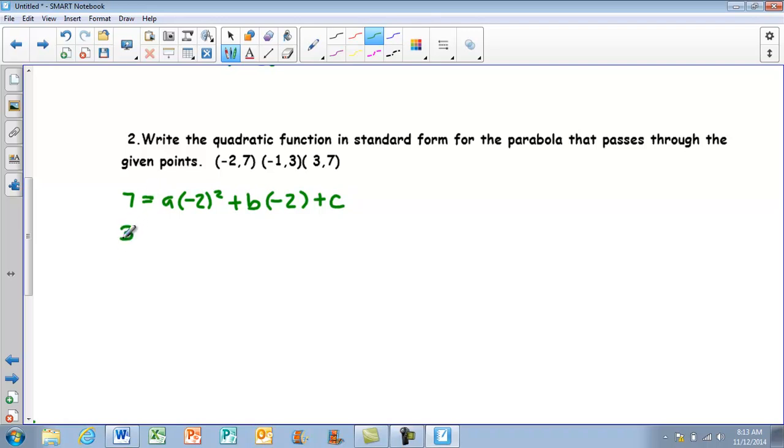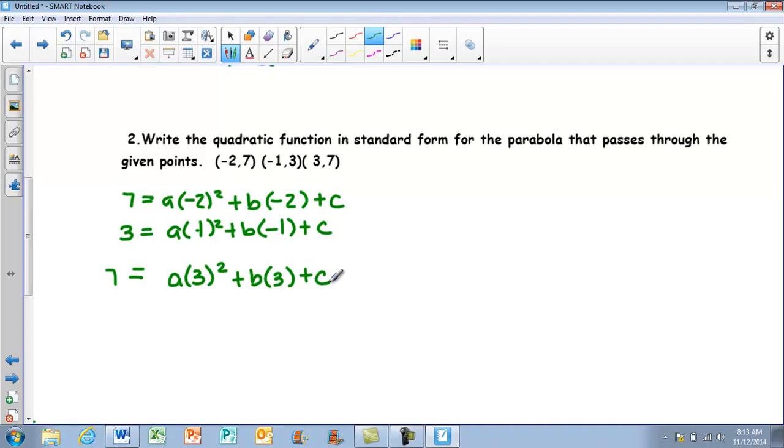Next one I have 3 equals a times -1 squared plus b times -1 plus c. And then the last one, 7 equals a times 3 squared plus b times 3 plus c.